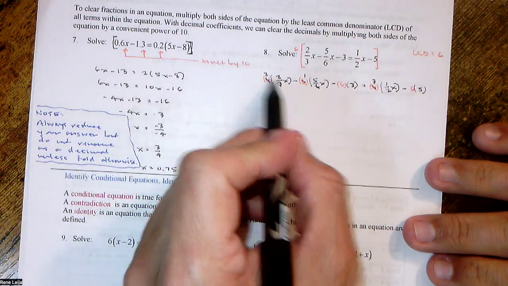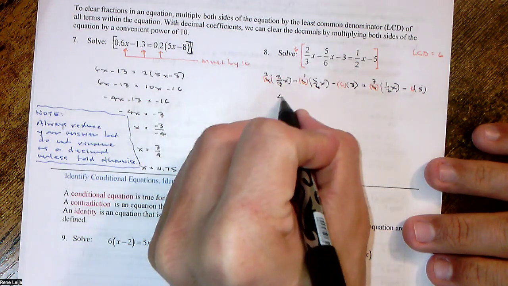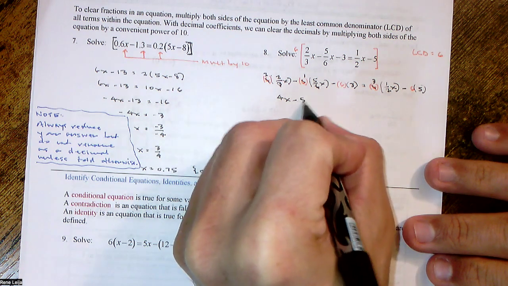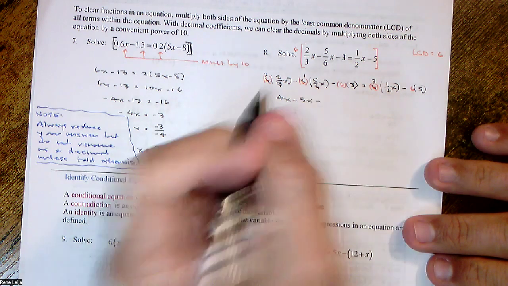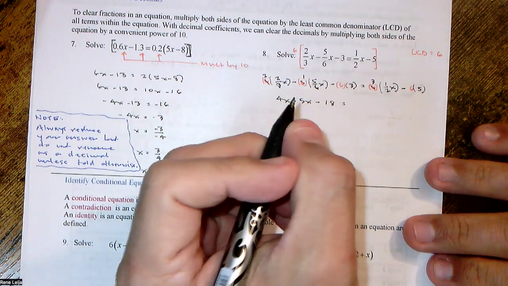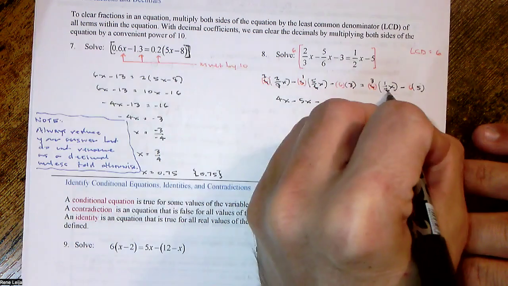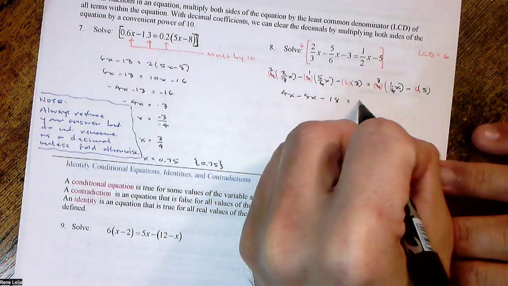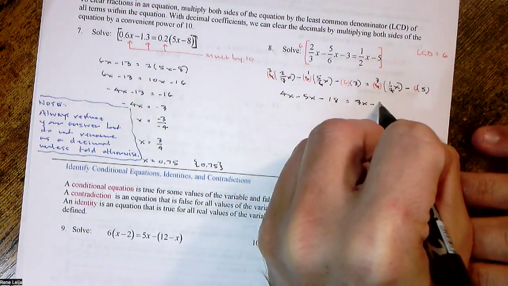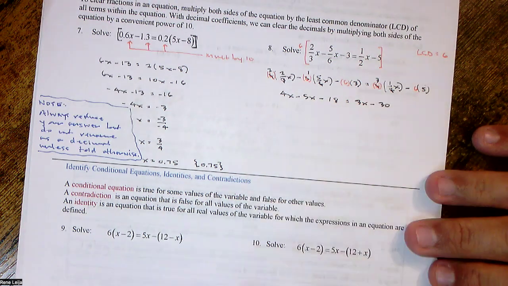So now we've got 2 times 2x, which is 4x, minus 1 times 5x is just 5x, minus 6 times 3 is 18, equals 3 times 1x is just going to give us a 3x, minus 6 times 5 is 30.